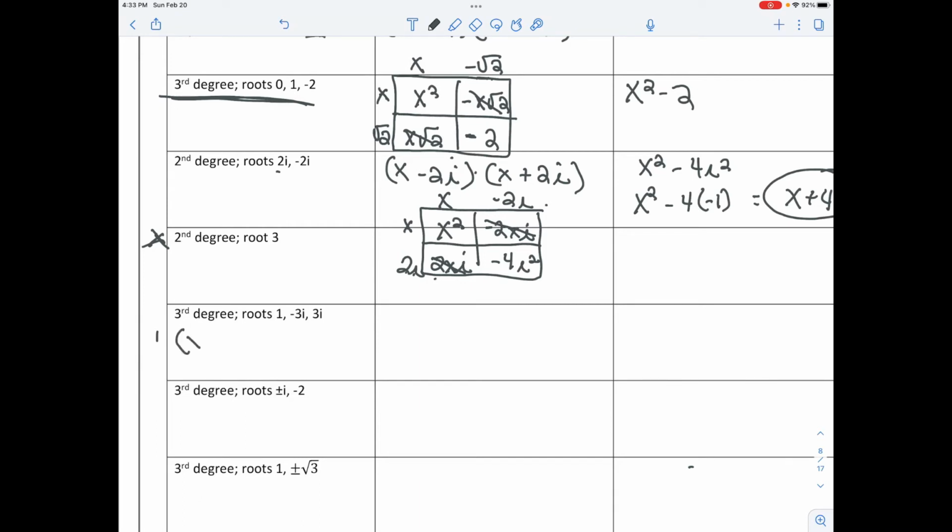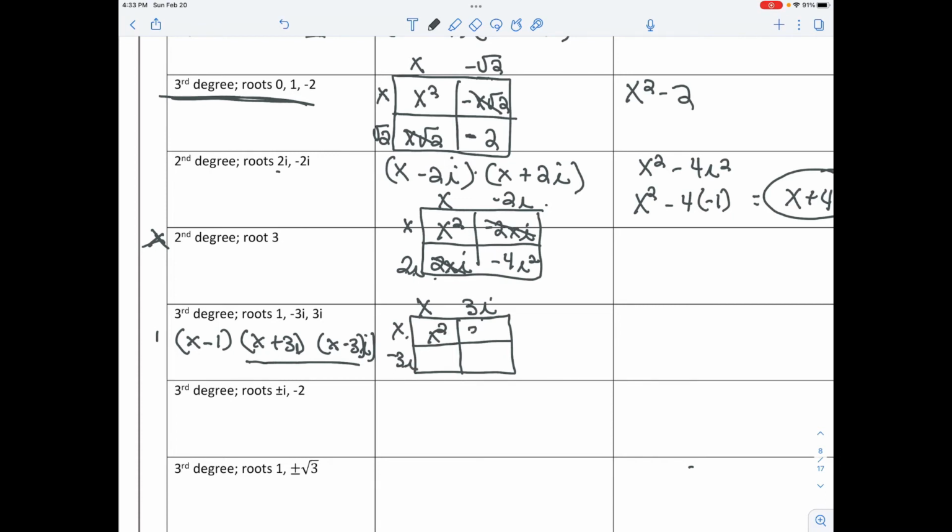This one's interesting. It has 3 roots. So that means it's x minus 1, x plus 3i, x minus 3i. I always like to do the ones with i's and radicals first, because it just makes life easier. That way the i's and the radicals will zero out. So I'm going to have x plus 3i, x minus 3i.